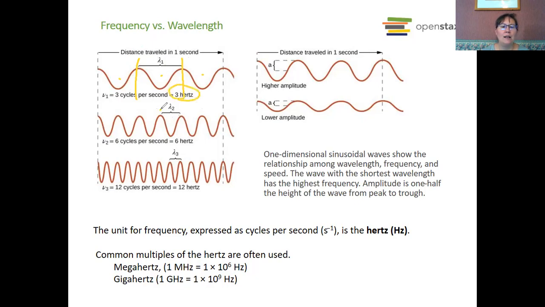Now our lambda 2 is much shorter, and when we make a shorter lambda 2, we have 6 cycles per second. So as lambda, or wavelength, increases, nu decreases. What that means is that they are inversely proportional.